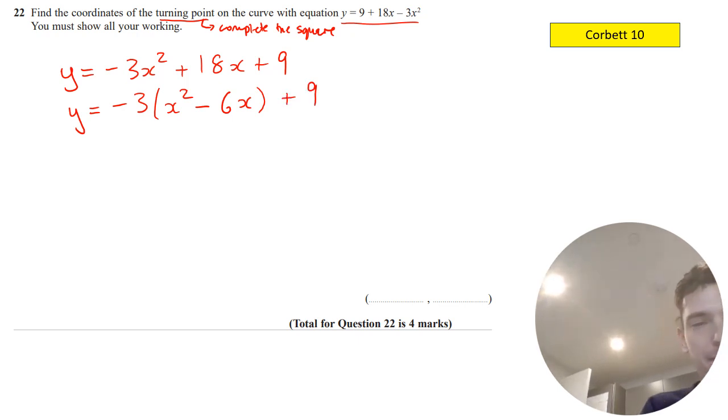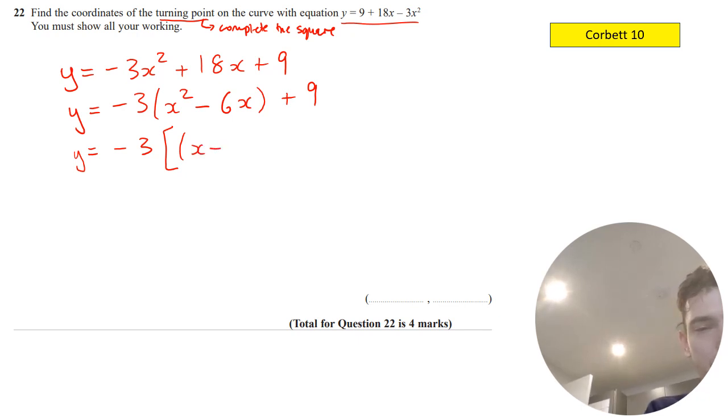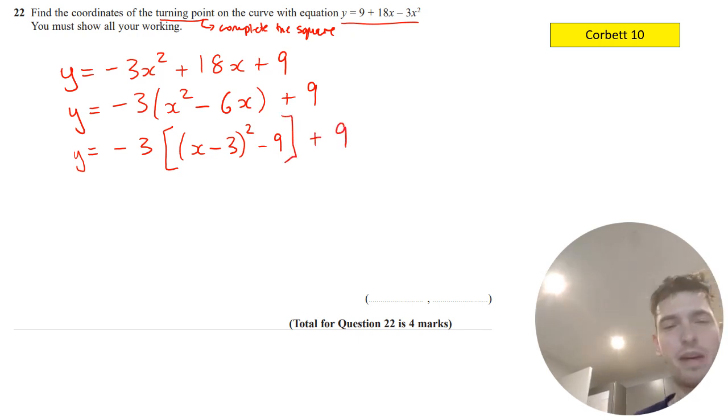Once I've done that, I can now complete the square with this thing in the middle. Now, instead of minus 6, I'm going to halve that. And have something like that.